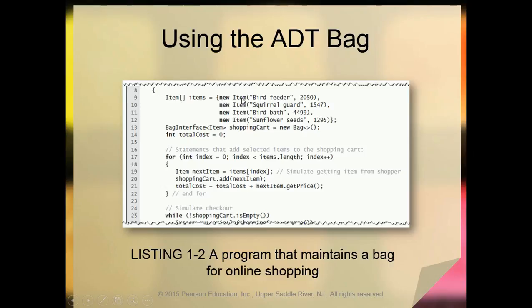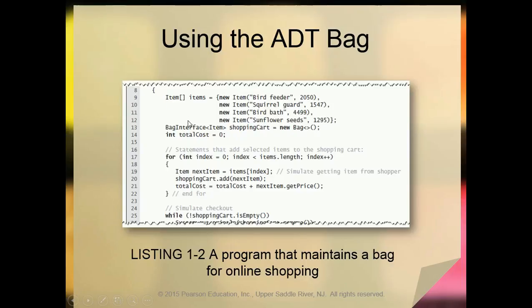The constructor for the item class takes a string followed by an integer ID, a product code. We have a bird feeder, a squirrel guard, bird bath, and sunflower seeds, so there are 4 items in this item array.